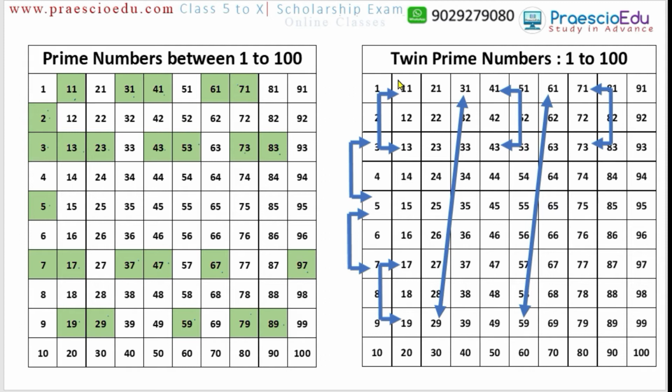Now here about the twin prime numbers: they are also shown, 3 and 5 like this with an arrow, then 5 and 7, then 11, 13, 17, 19 like this. So these 8 pairs are there. This information you have to remember.